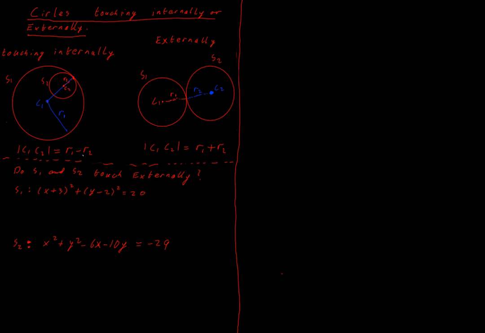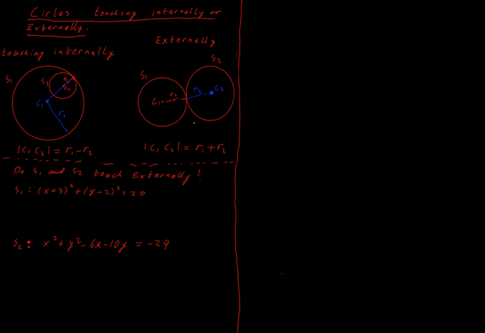We take one radius away from the other, and we get the distance between our two centers. So how are we going to put that into practice? If we find the radii of the two circles and then get the distance using our distance formula between the two centers, if that's equal to the difference between the radii, that means that we have circles touching internally.